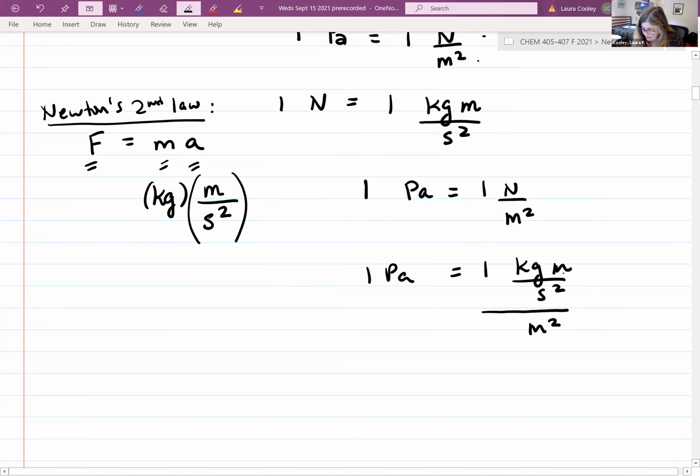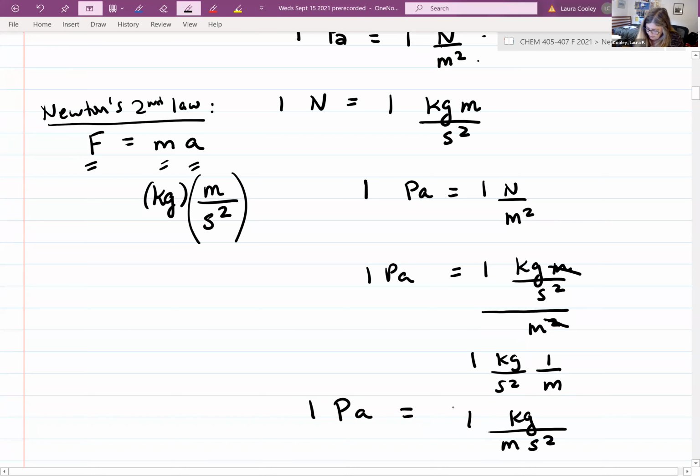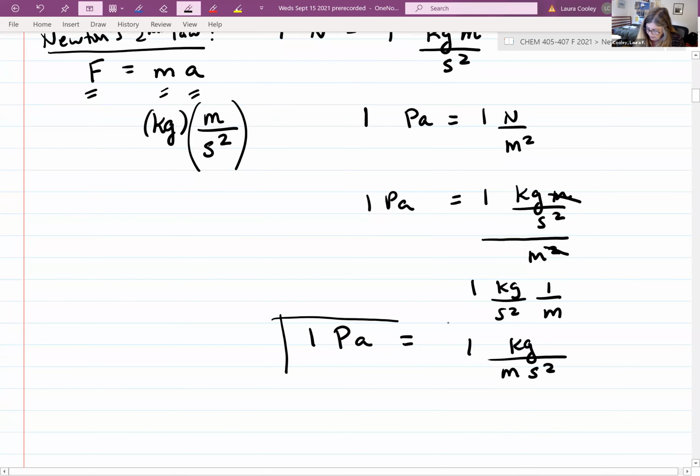And you'll notice that one of these meters cancels. And if you take a kilogram per second squared and you divide it, that's like multiplying it by 1 over meters. So that's a kilogram per meter second squared. So a Pascal is also a kilogram per meter second squared.